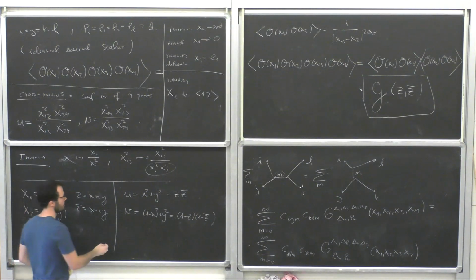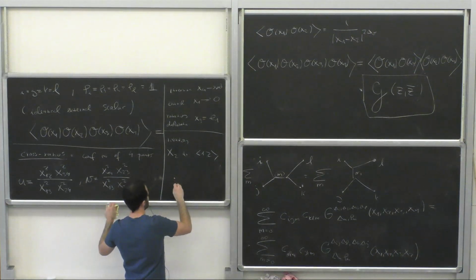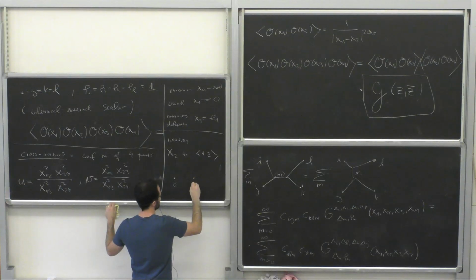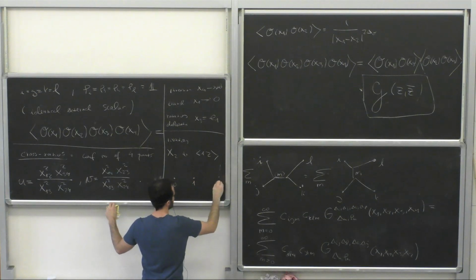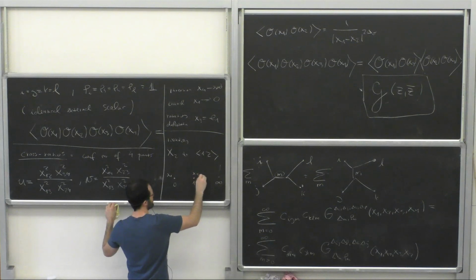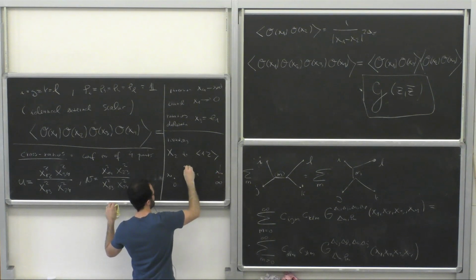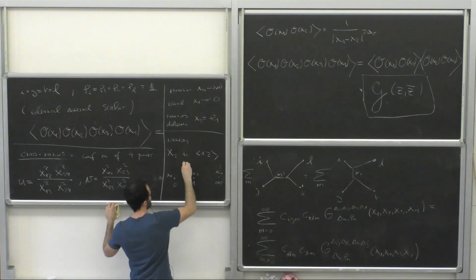Okay, so maybe I should draw the picture. So here x1 is at the origin. Then there's infinity, right? So this is x1, this is x3, this is x4, and then x2 is somewhere, at coordinates x and y, which is what we are calling x2.